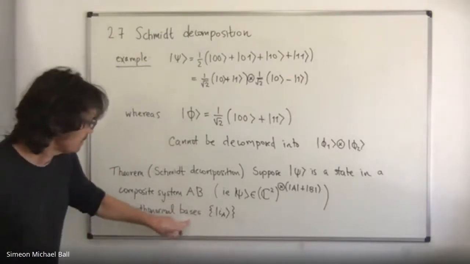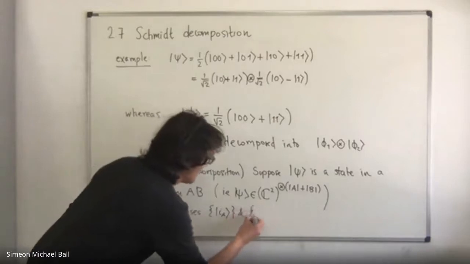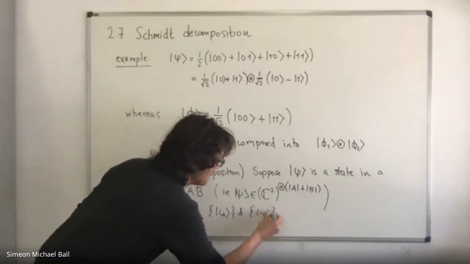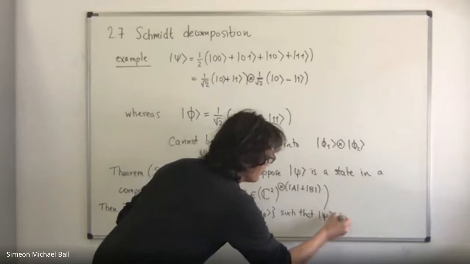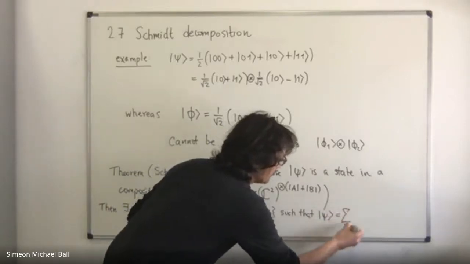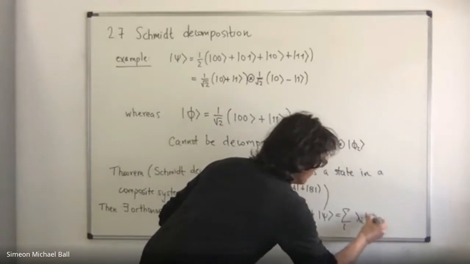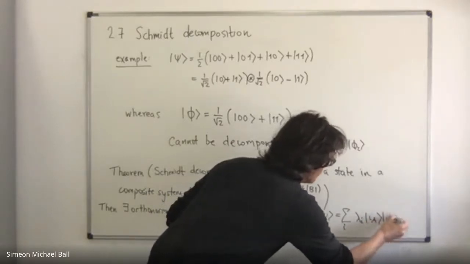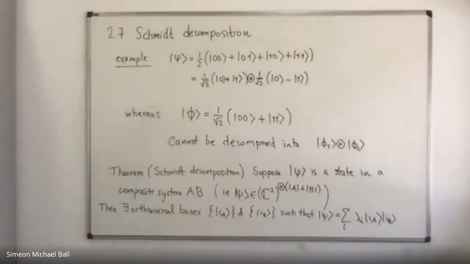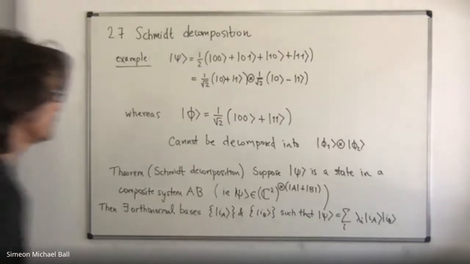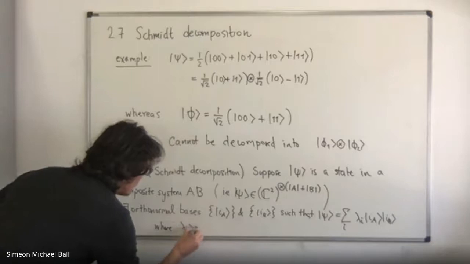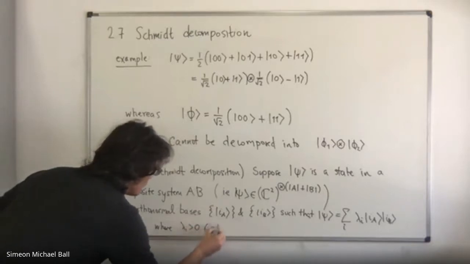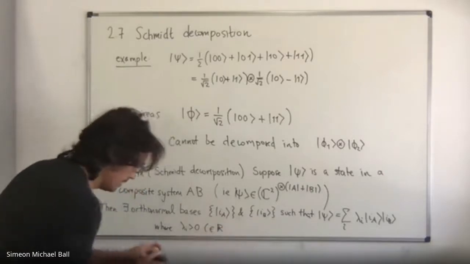Anyway, there is this orthonormal basis I_A and I_B such that the state is a sum, and I just put real positive coefficients here.